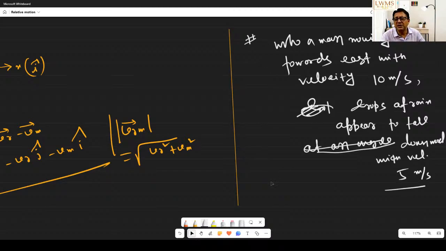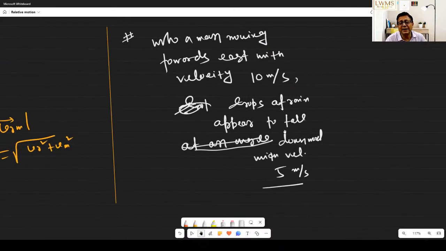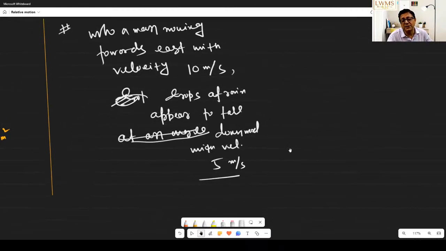When a man moving towards east with velocity 10 meter per second, the drops of rain appear to fall downward with velocity 5 meter per second.